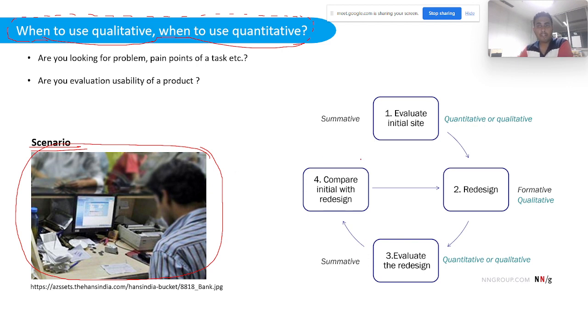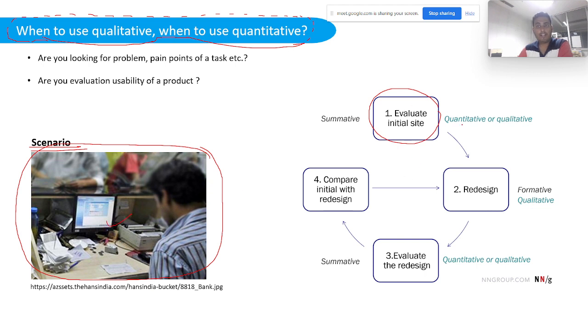So for example, the stages of a typical website design can be considered like, first is evaluating the initial website or the application.